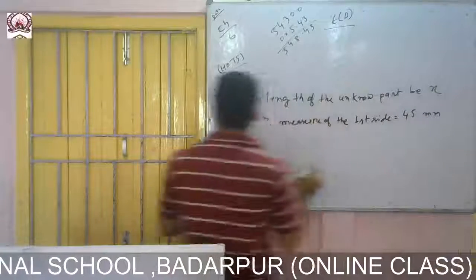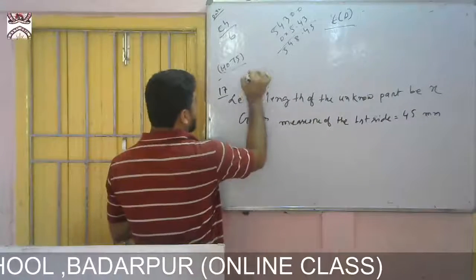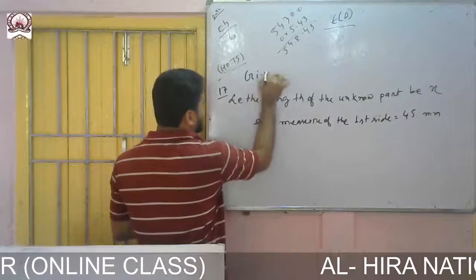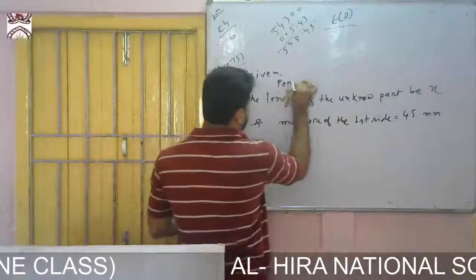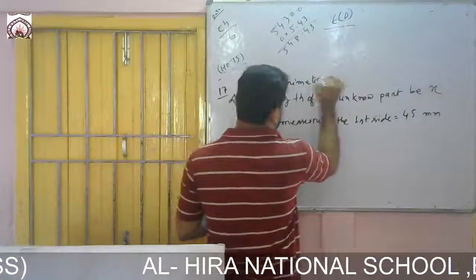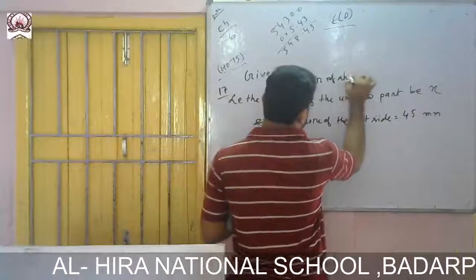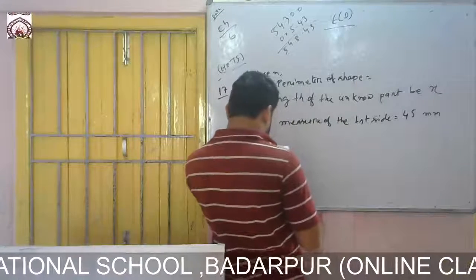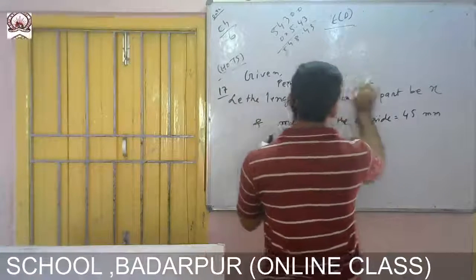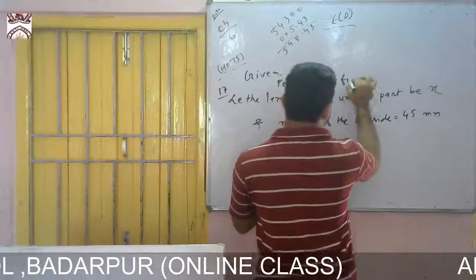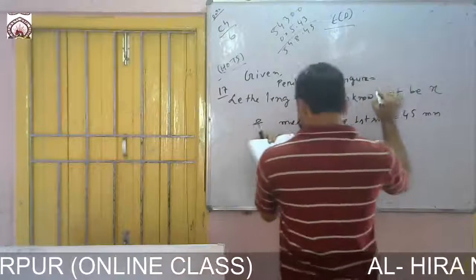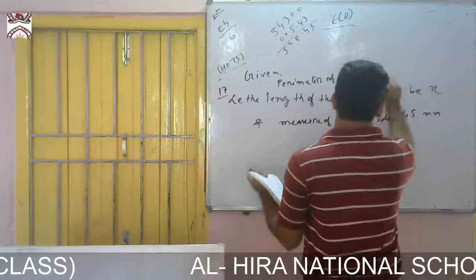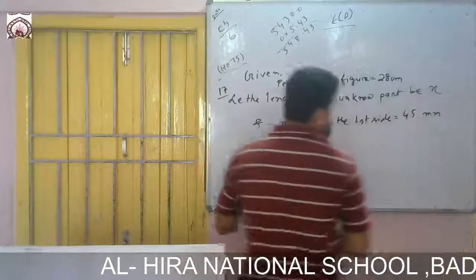Okay, so here you write: given perimeter of the figure is 28 centimeter.